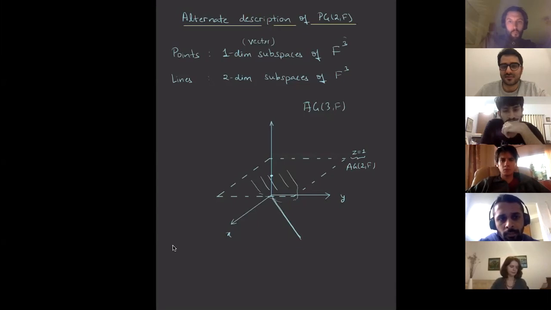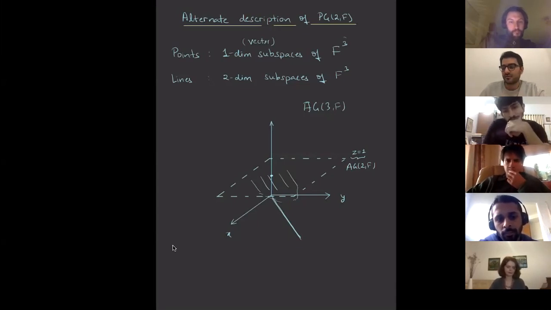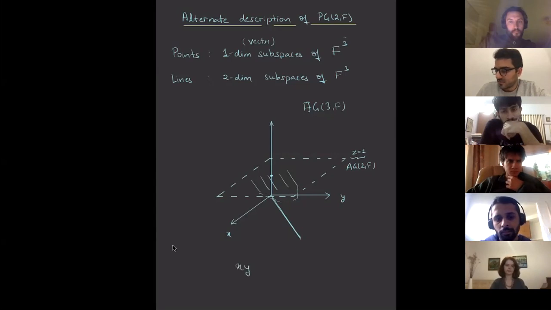Is it roughly clear what the isomorphism would be between the points? Similarly, if you have a two-dimensional subspace of F cubed through the origin, you can take its intersection with z equal to 1. That gives you a line in there. Except for this xy plane, which does not intersect z equal to 1. And this xy plane corresponds to L infinity. That's my isomorphism.